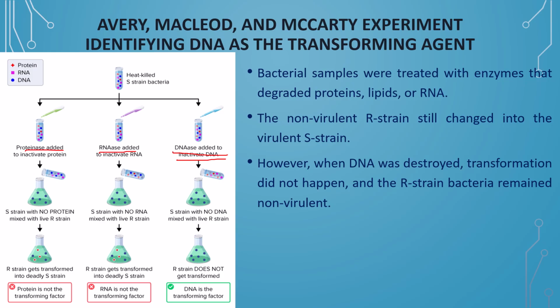So the last option was a treatment of the bacterial samples with DNase, an enzyme which degraded the DNA. When this S strain with no DNA was mixed with live R strain, it was observed that the R strain does not get transformed. So when the heat-killed S strain, which was used in the Griffith experiment, was treated with DNase, it did not transform the R strain.